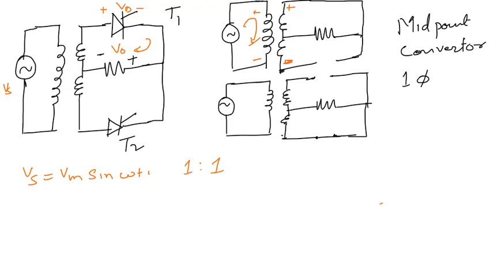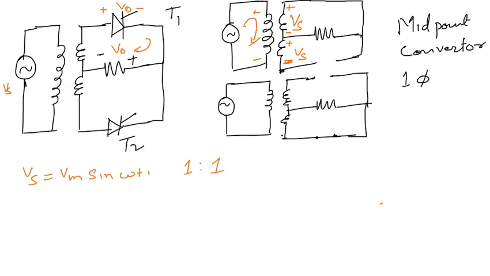Subsequently the midpoint will have negative and this side will be positive. So the midpoint has both the charges, positive as well as negative. As the ratio is Vm sin omega t, the voltage Vs will be induced here, and here also. Vs will be induced on both the sides.